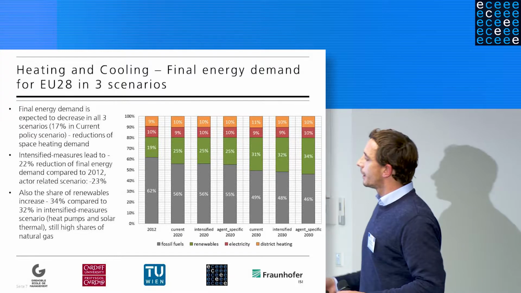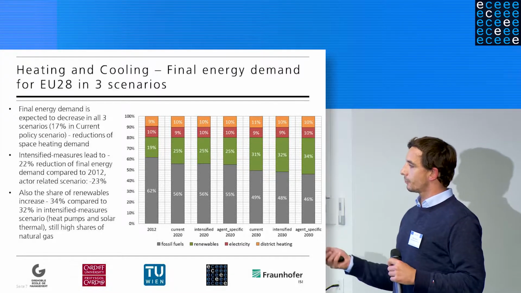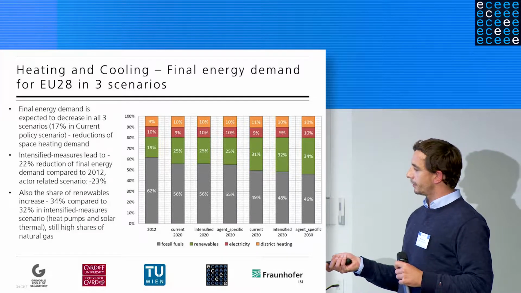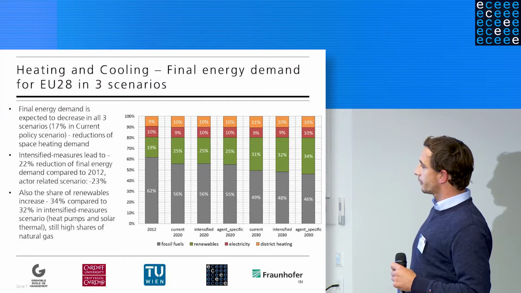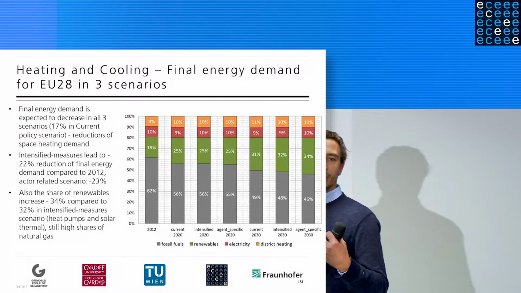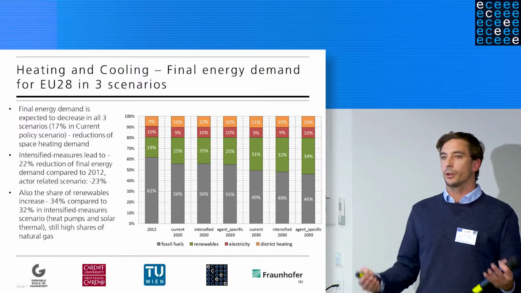What you can see here is final energy demand of the model from 2012 until 2030 for all those different scenarios. What you can see is that we expect heat demand for the European Union to decrease in all of those scenarios.